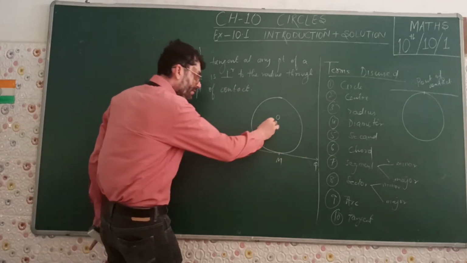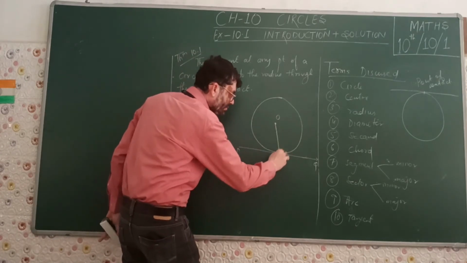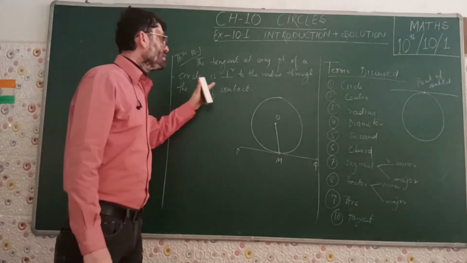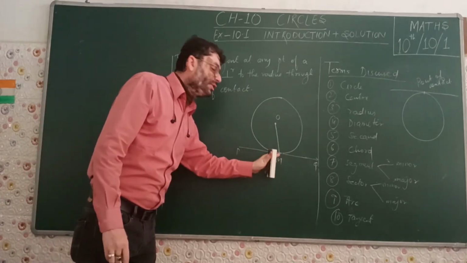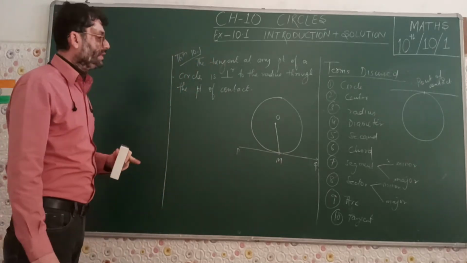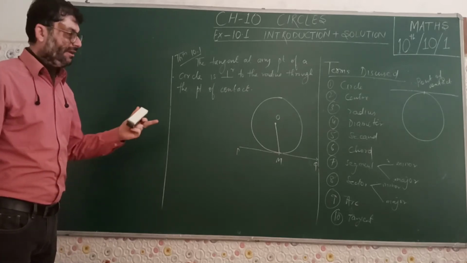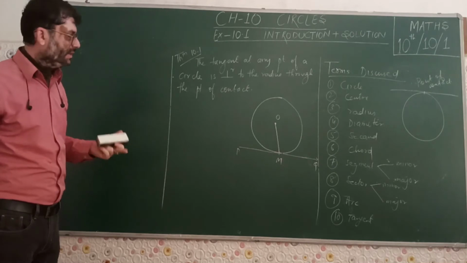That means if this is joined, then OM will be perpendicular to PQ at the point of contact, as the theorem says. So we need to prove that OM is perpendicular to PQ if PQ is a tangent of a circle.